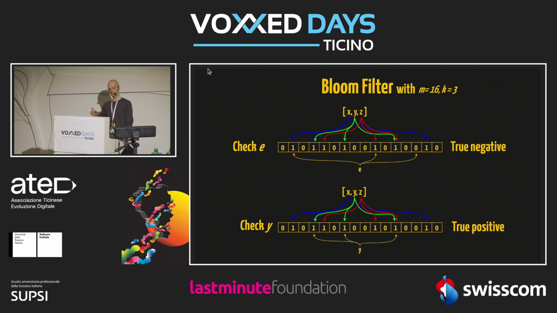And since all the indexes are set to 1, it means that the item belongs to the set. So the Bloom filter will return true. Yes, y belongs to the set. And actually it's true. It's a true positive, because we know that we inserted y before.